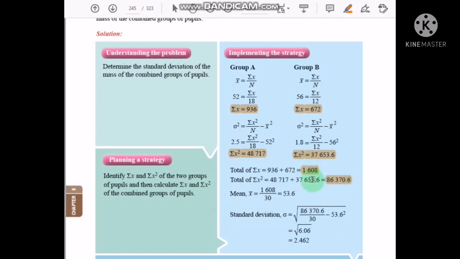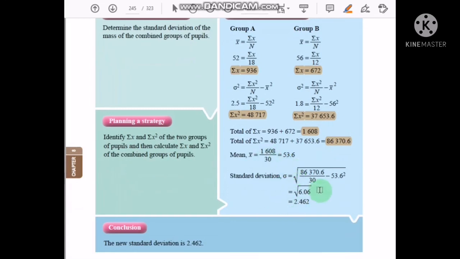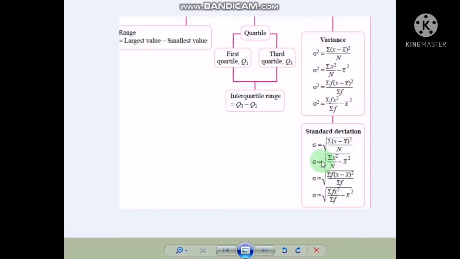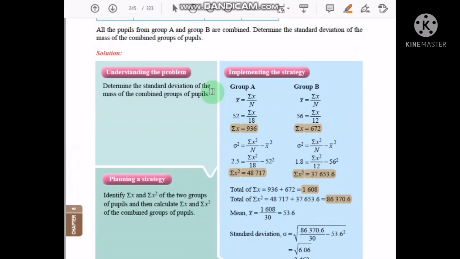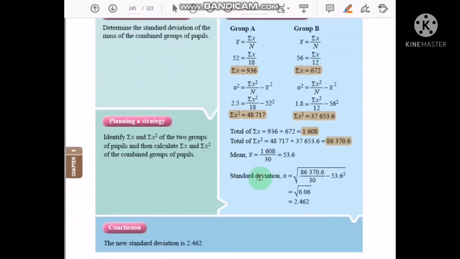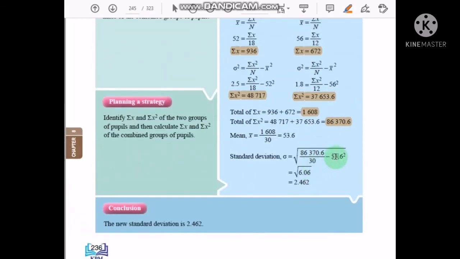After you get this value, you key in the formula of standard deviation, the second one here. You will get 86,700 point 370.6 divided by 30, where 30 comes from 18 plus 12, minus the mean, 53.6 squared.